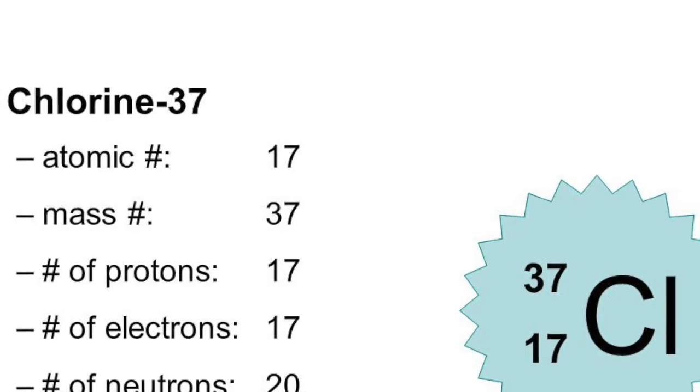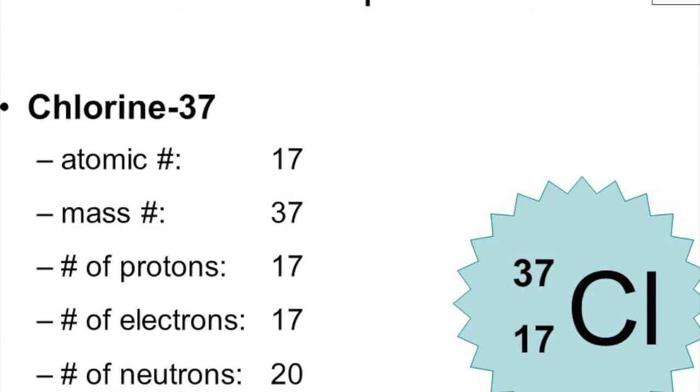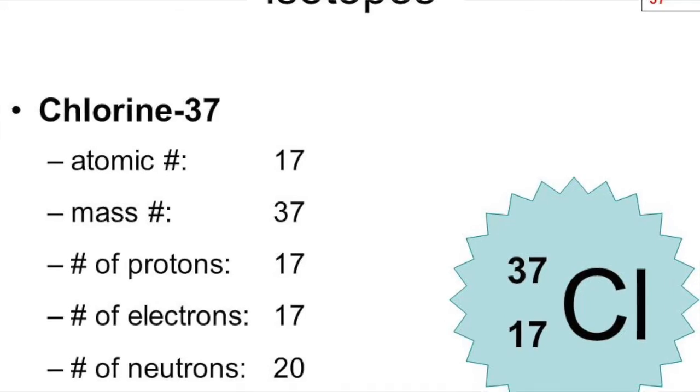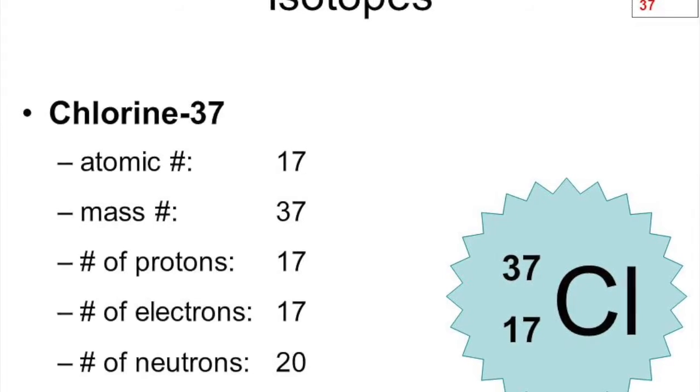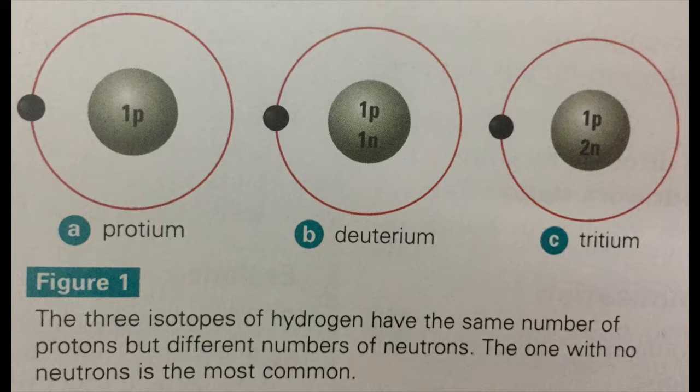The other isotope of chlorine is chlorine-37, with an atomic number of 17 and a mass number of 37, 17 plus 20. Hydrogen has three isotopes, Figure 1.